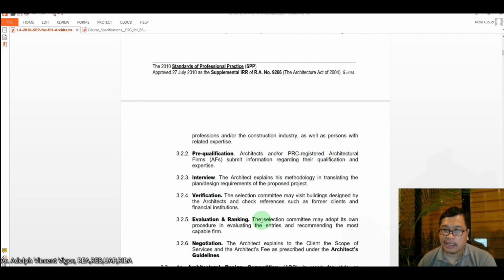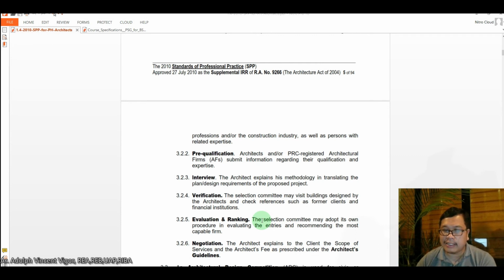Okay. What really is important, I think one of the most important qualities a firm or an architect should have, class, is a good financial reputation and integrity.